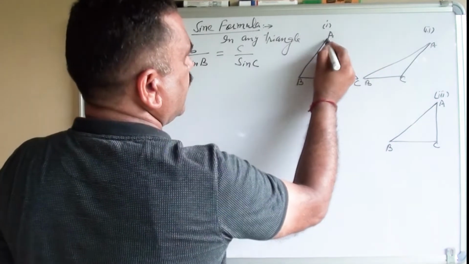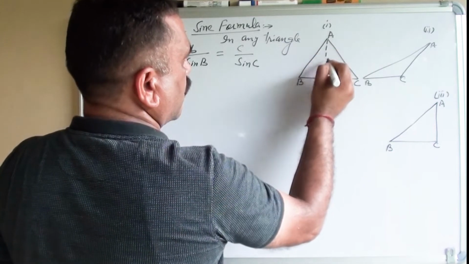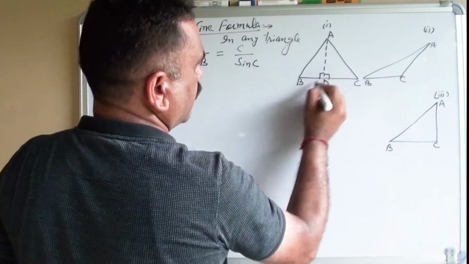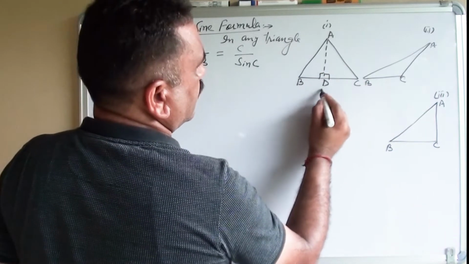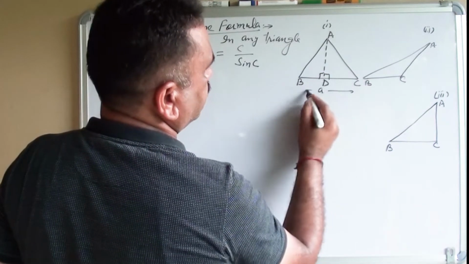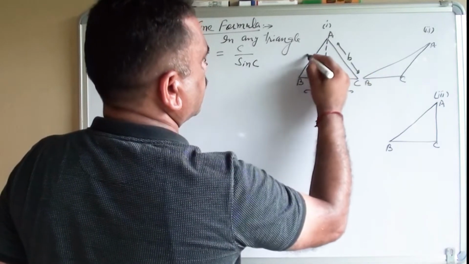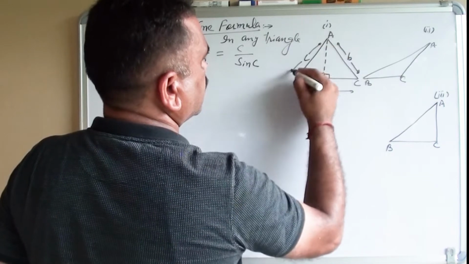What construction do we have to do? Draw AD perpendicular to BC. Let the lengths of the sides be a, b, c. This is a, this is b, and this is c.